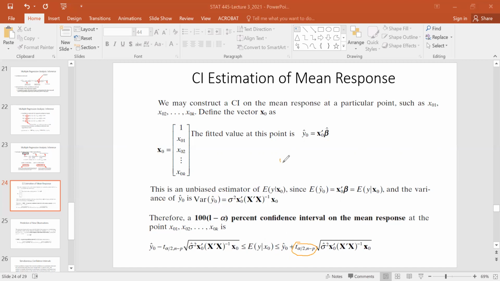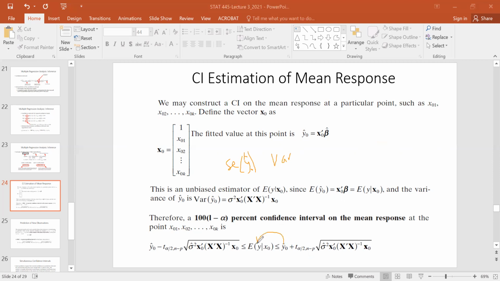Now, what is the variance? Remember that in the confidence interval we just studied, we used the standard error of beta hat over here, because we were starting from beta hat. Therefore, what is the standard error of y0 hat, the one we are using, the unbiased estimator of this one?